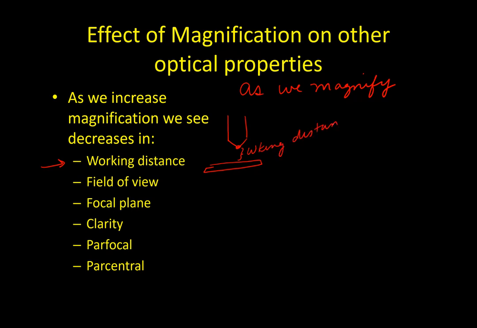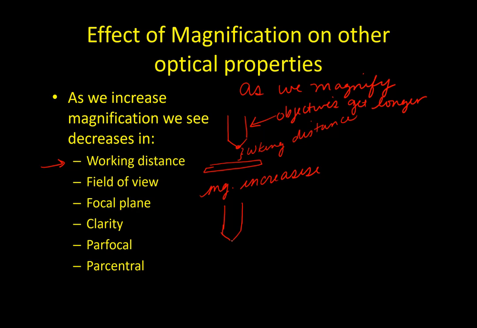Okay. Now here's the dealio though. As I increase my magnification, as magnification increases, these objectives actually get longer, meaning that when I increase my magnification, that working distance gets smaller.